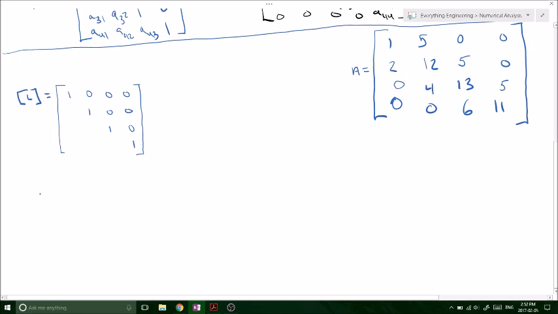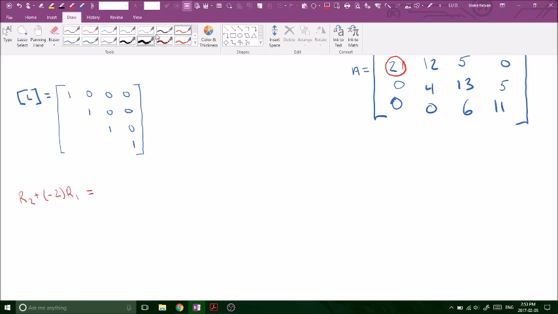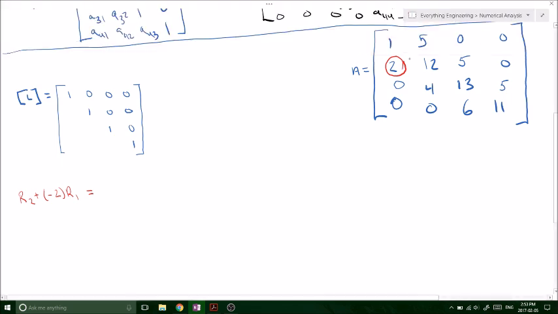So looking at our first component that we want to eliminate, we have this 2 here. So we want to eliminate this 2 using row operations. How would we do that? We would take row 2 and add minus 2 times row 1. Because we have a 1 in this component, to eliminate this component we just add the negative 2 times the 1, and that'll give us a 0.